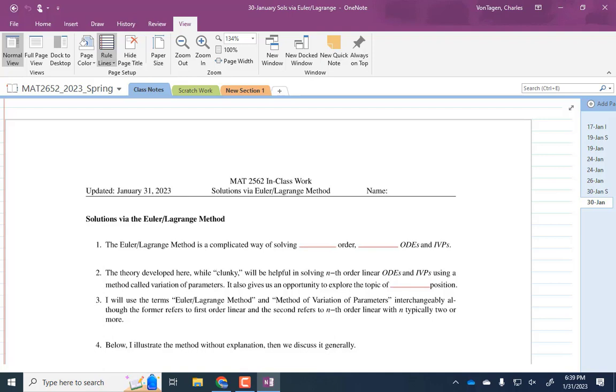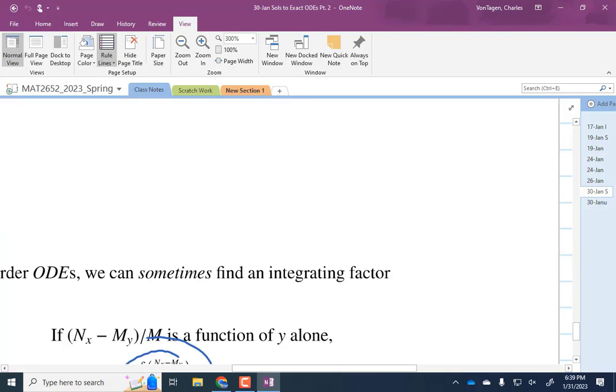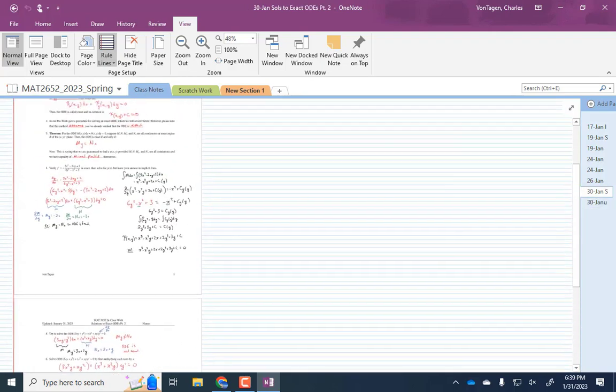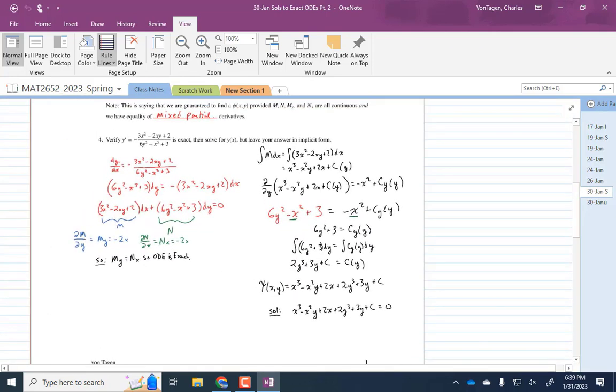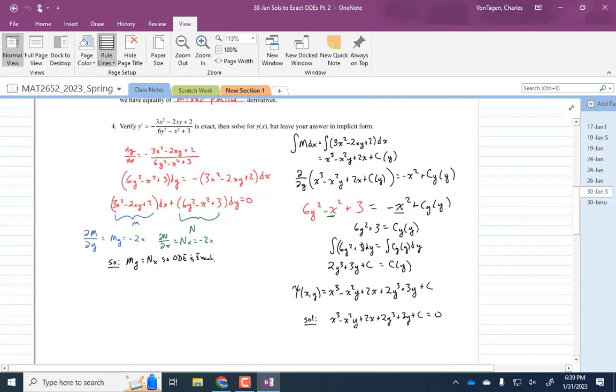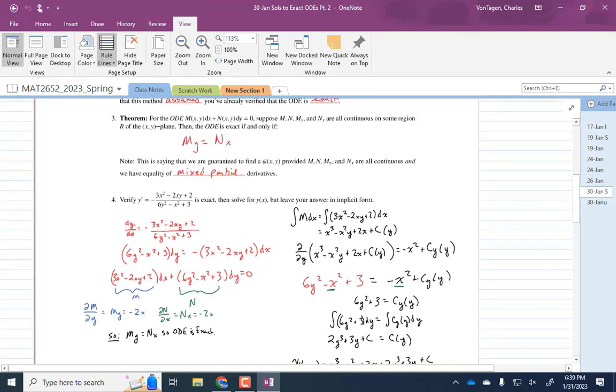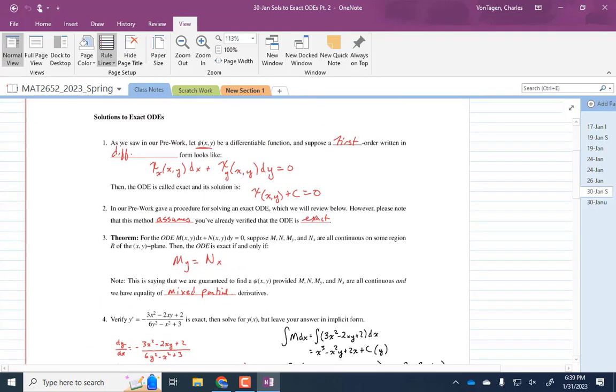Yeah. So when we're going through the process, we put it into differential form. We confirmed it is exact. What exactly are we doing? Like, how are we manipulating the equation when we integrate M dx? So exact ODEs have this property that they came from this function here.